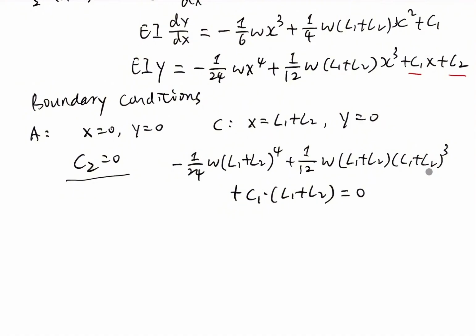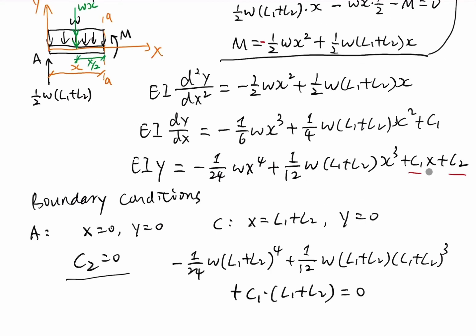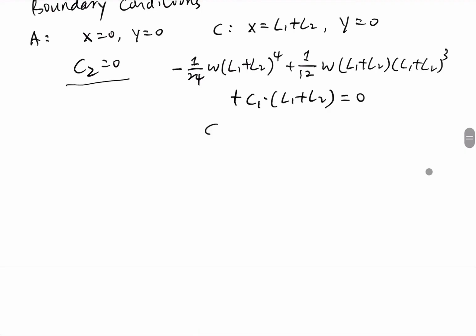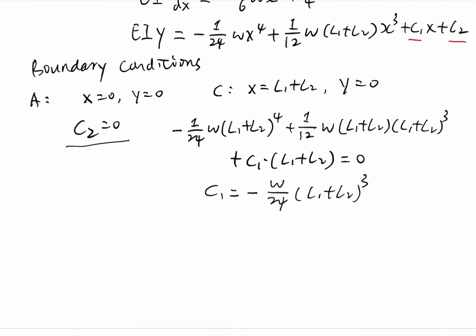The result of C1 is equal to negative W over 24 (L1 plus L2) cubed. So C2 equals 0, C1 has this value, and we just plug C1 and C2 back into the equation.